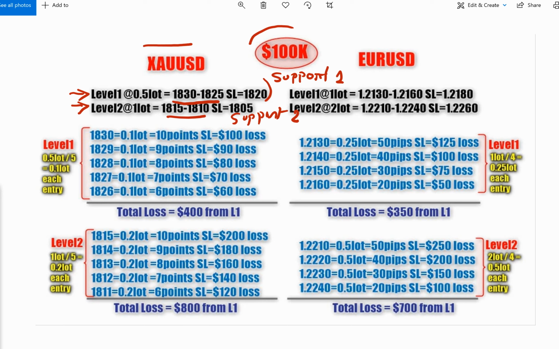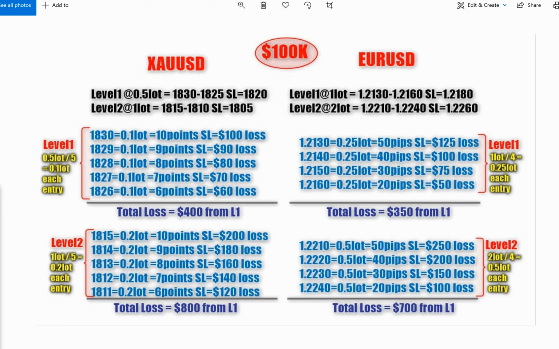Here support 1 and support 2 are based on our 20 in 1 indicator or multiple in 1 trend indicator and our support and demand indicator. So based on their indication we will decide level 1 and level 2.